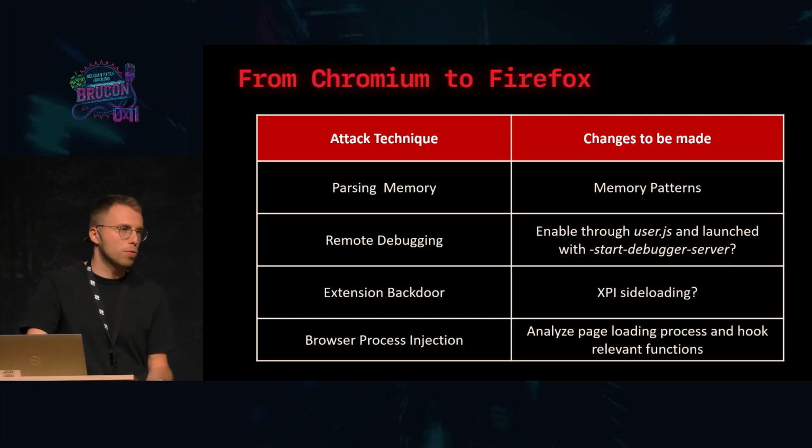Well, if we come back to the techniques, we can see that basically the remote debugging will still work. The memory parsing will still work too. The extension backdoor per se won't work, but we can still install a malicious extension which has access to the page. So we could have a way through installing an extension to make it work. And browser process injection should work too.